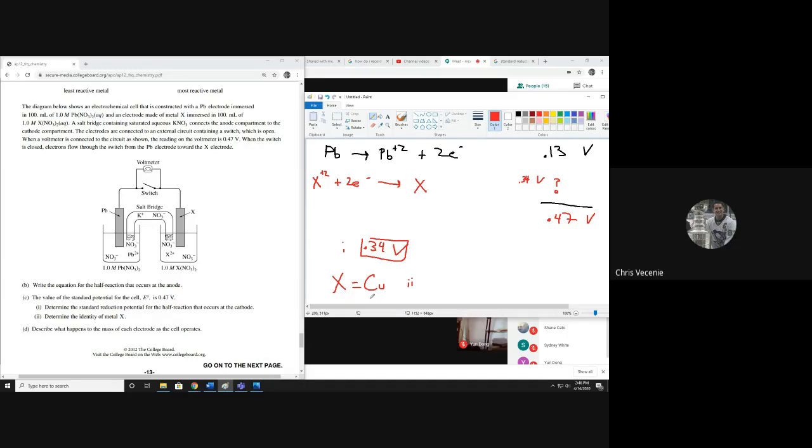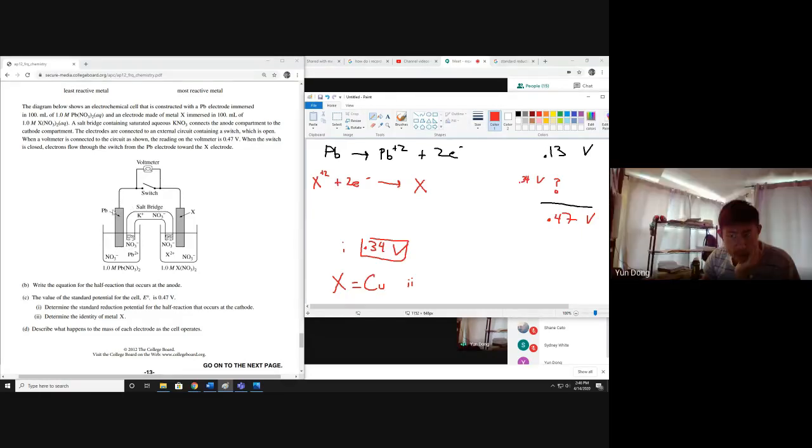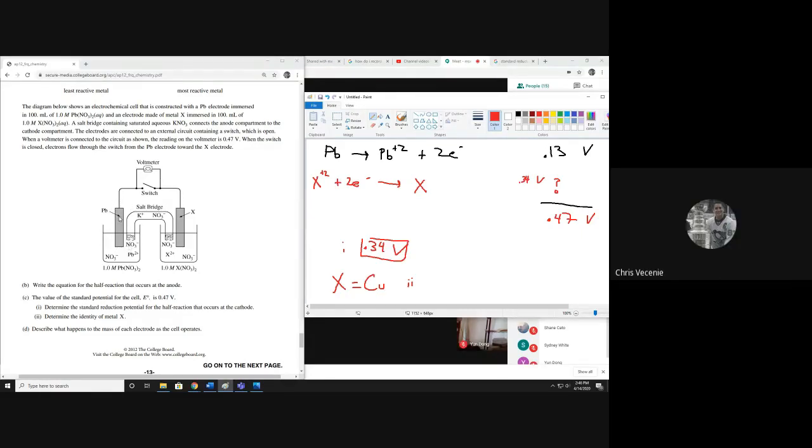And then last but not least, it asks, describe what happens to the mass of each electrode as it operates. All right, so you know the lead is becoming lead plus 2 and giving away 2 electrons. You know that X plus 2s are turning into X over here. So what has to happen to this electrode's mass? Decrease. It's going to decrease because you have lead metal becoming lead ions.